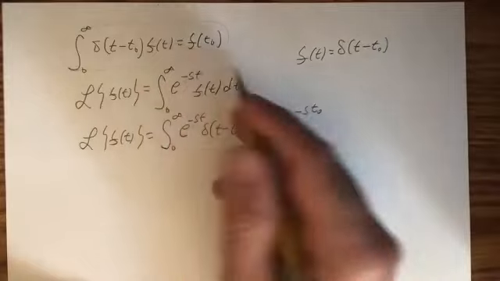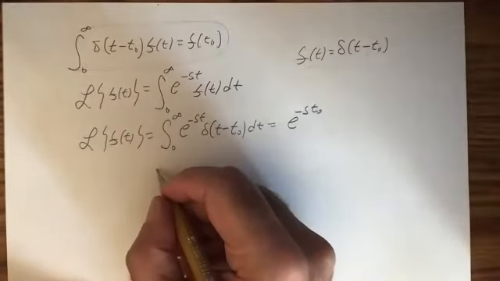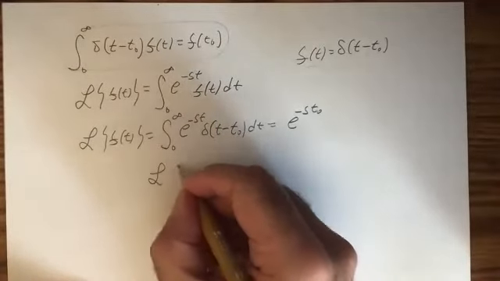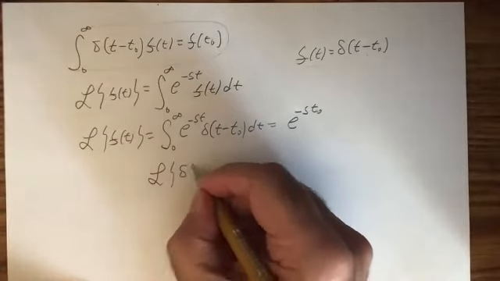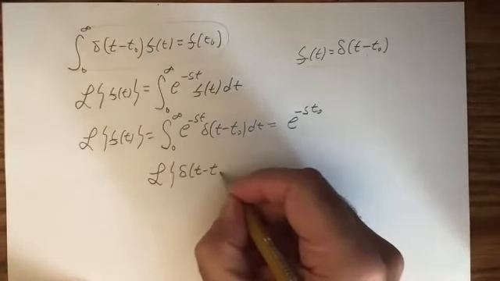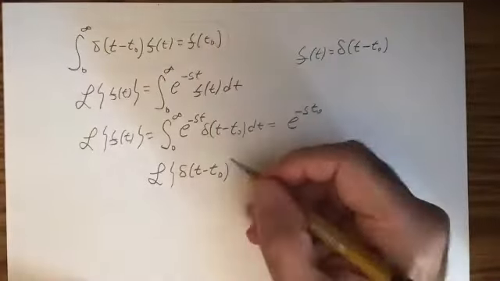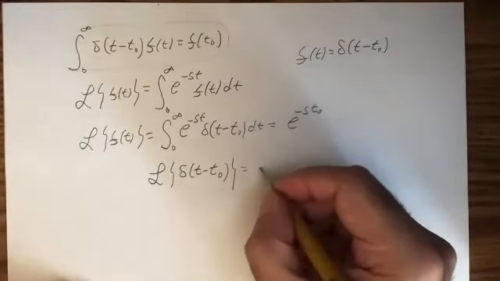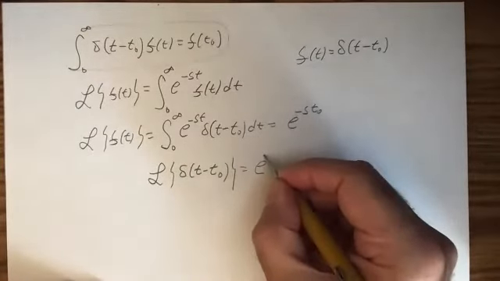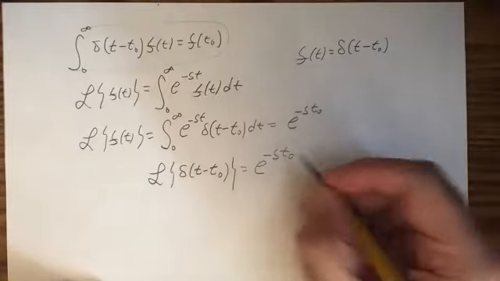So the Laplace transform of the Dirac delta function is just equal to e to the minus s t0.